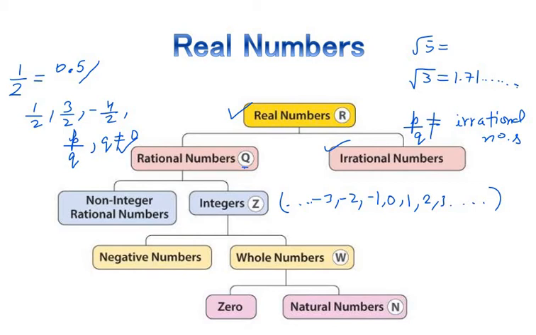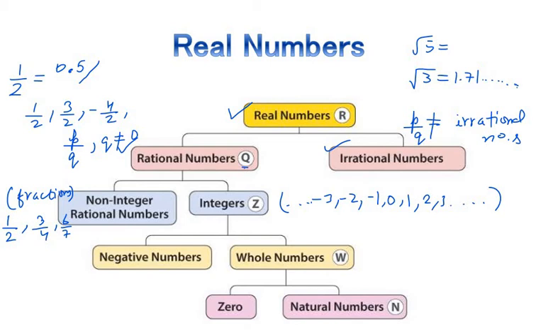Now rational numbers have another part too, that is non-integer rational numbers. What are non-integer rational numbers? They are fractions only. Any fraction, but it should be a non-integer rational number. Suppose we have 1 over 2, 3 over 4, 6 over 7. Any fraction would be a non-integer rational number.